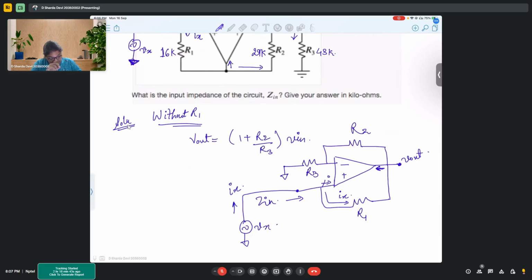So I can find Zin, which is Vx upon Ix. At this particular node, your potential is Vx. Yeah.